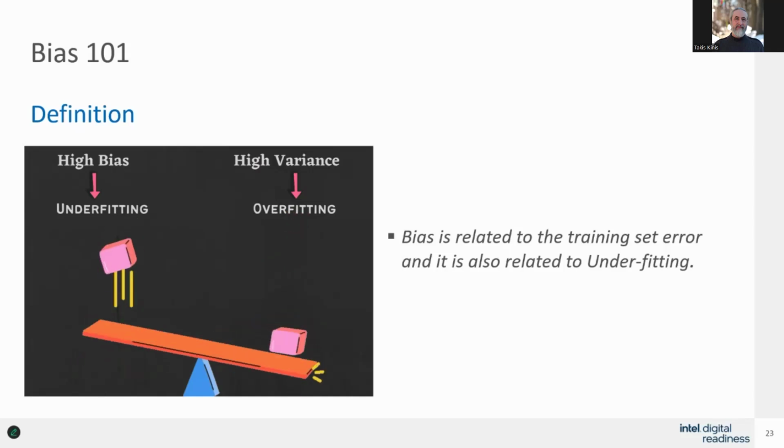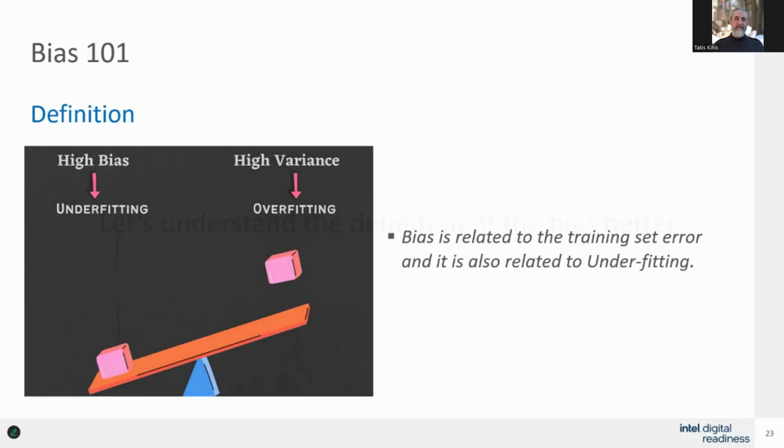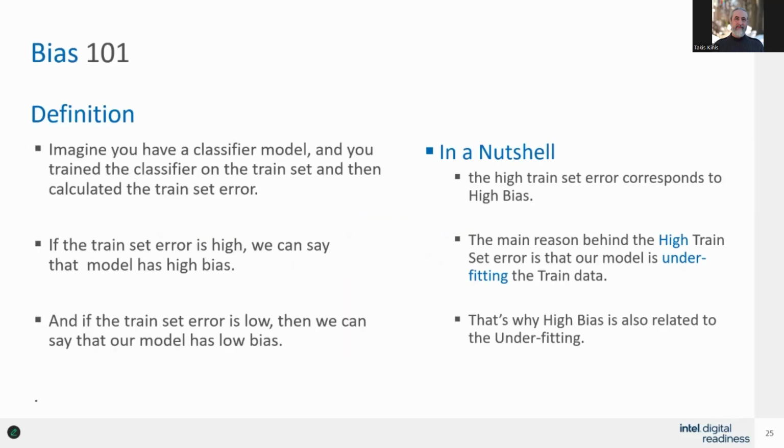Imagine you have a classifier model, and you've trained the classifier on the train set and calculated the train set error. If the train set error is high, we can say the model has high bias.